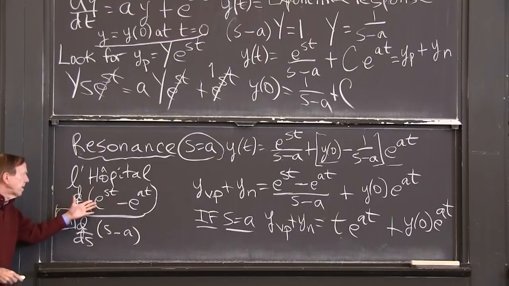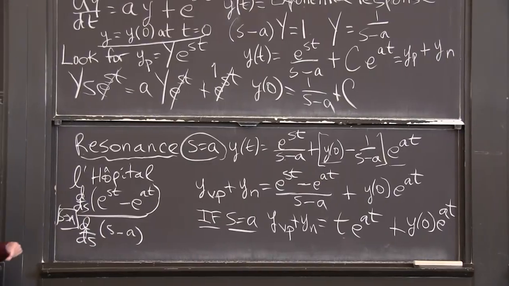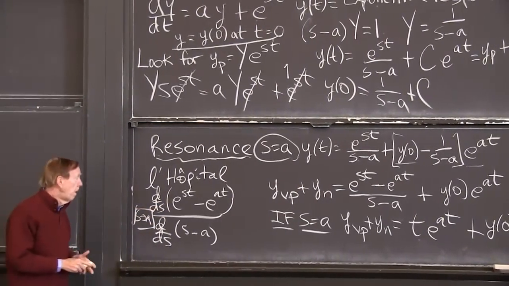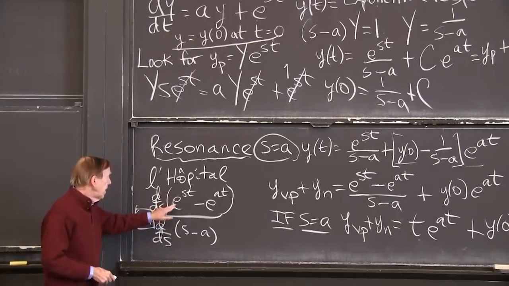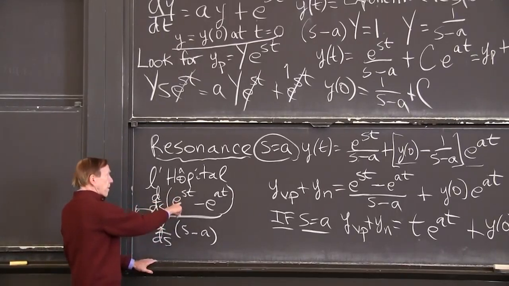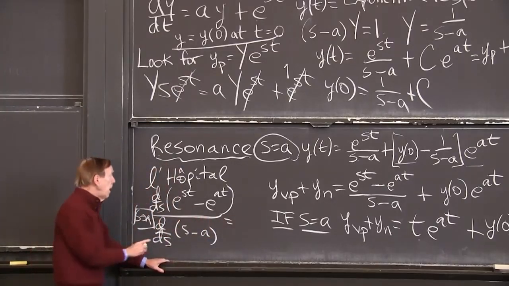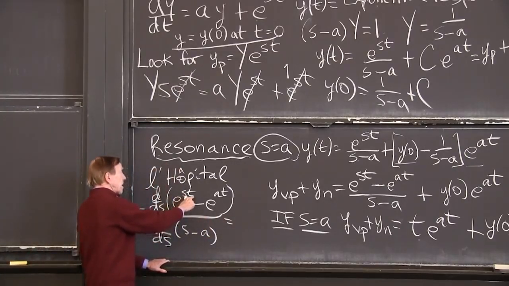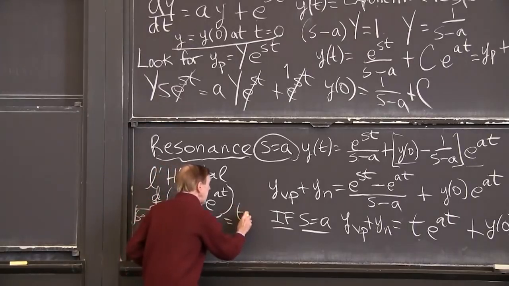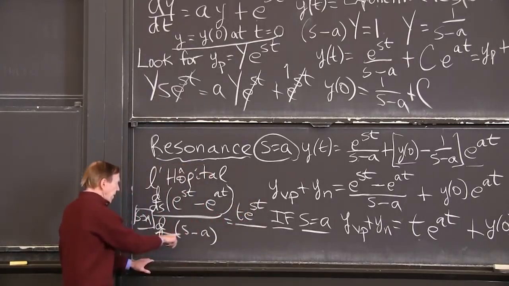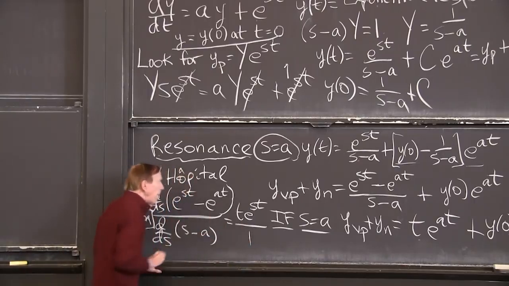Okay, so I have to take this derivative, I have to take that derivative with respect to s. Often in calculus it was an x. Here it's an s, no big deal. So that derivative is, you take the derivative with respect to s, here comes the t. The derivative of e to the st is t e to the st. And the derivative of this thing is 1.